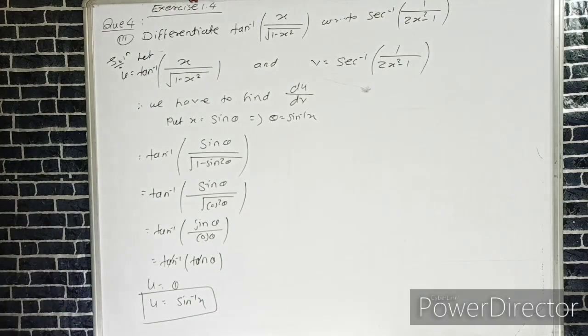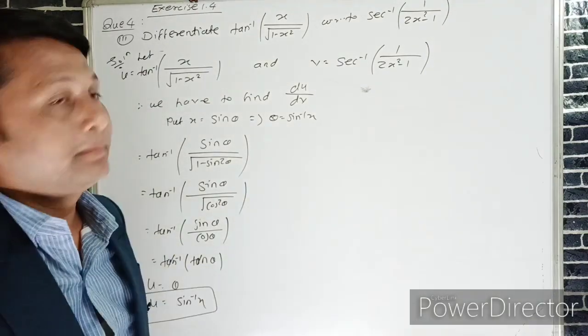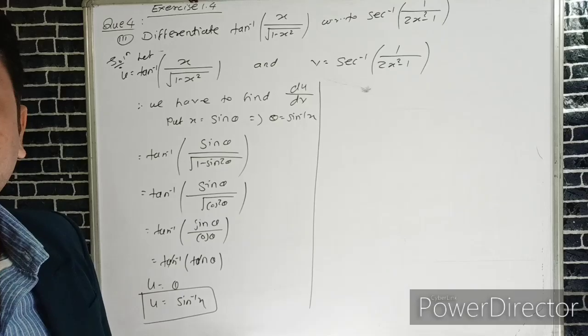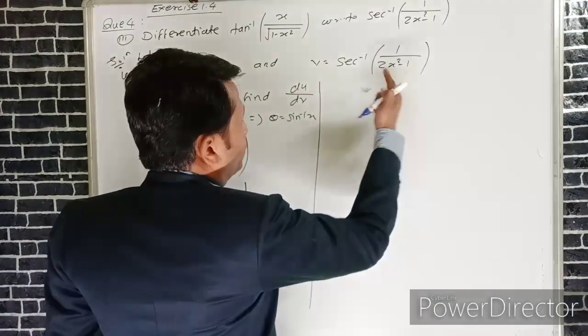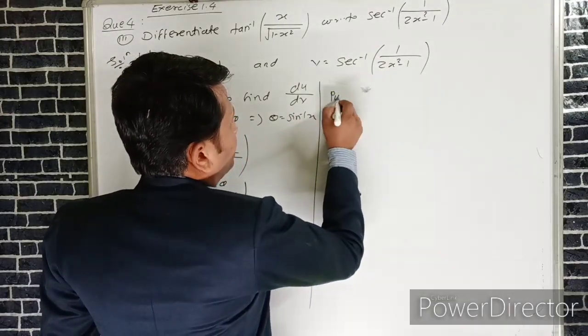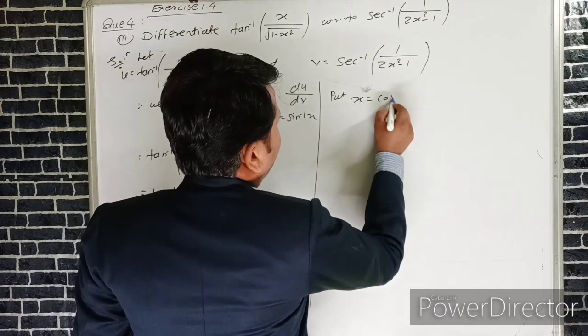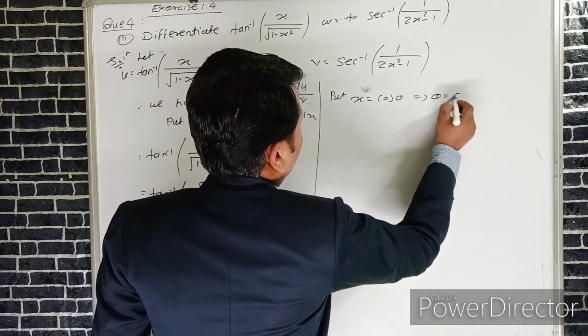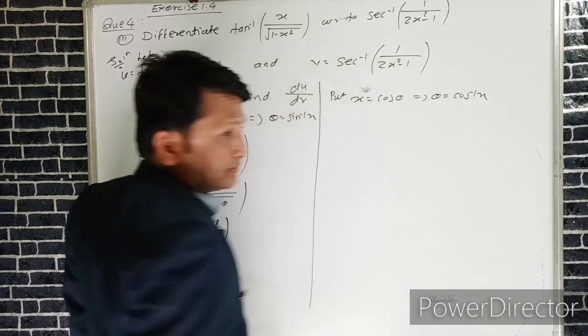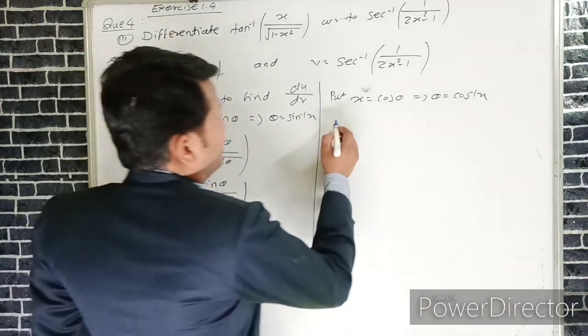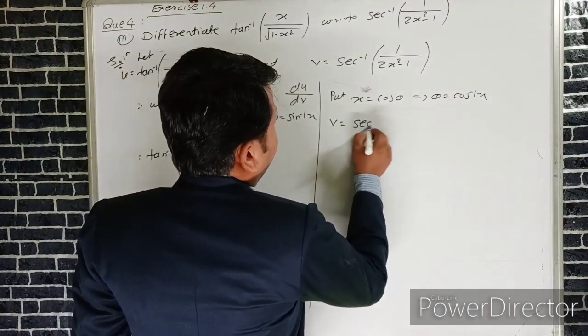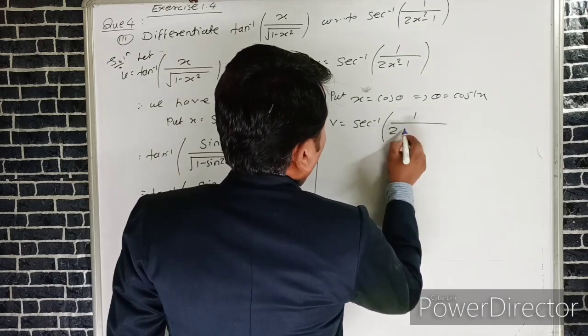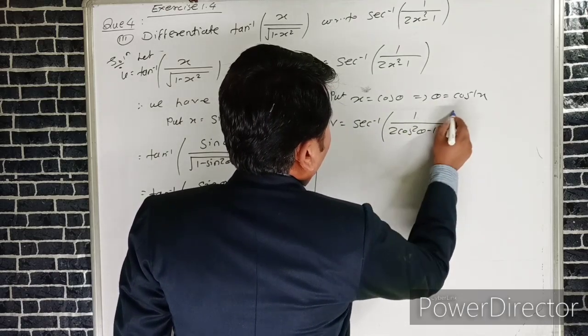Now again we have to find the value of v. Here we put x is equal to cos theta, then we can write theta is equal to cos inverse of x. Again v becomes sec inverse of 1 upon 2 cos square theta minus 1.